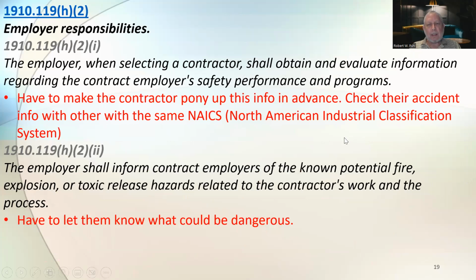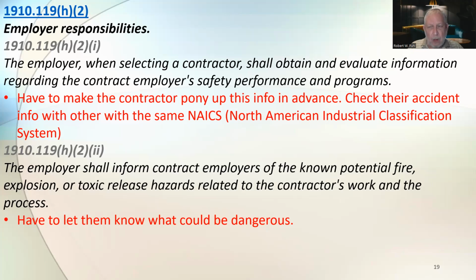The employer, when selecting a contractor, shall obtain and evaluate information regarding the contract employer's safety performance and programs. How to make the contractor pony up this in advance: check their accident info with others with the same NAICS. Okay, every year I had the contractors send me their OSHA summary, and it has their NAICS on it. And of course, I'd already have it on file.